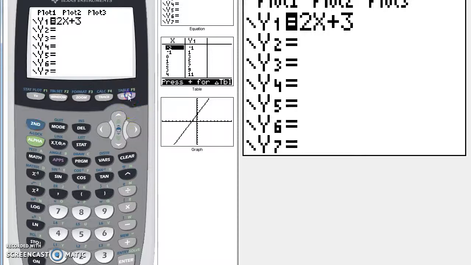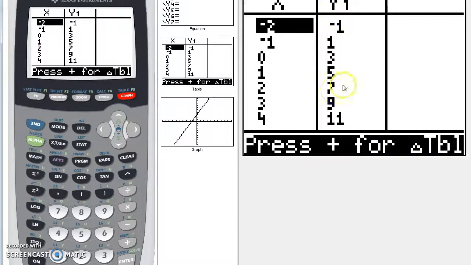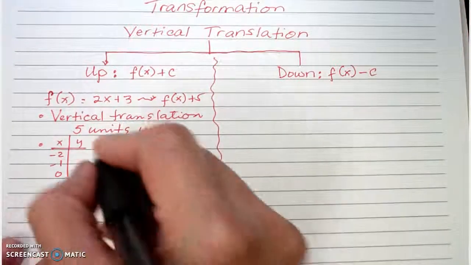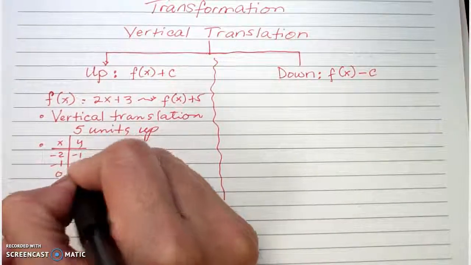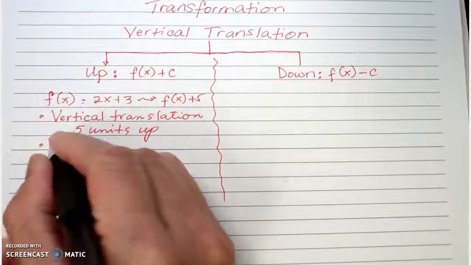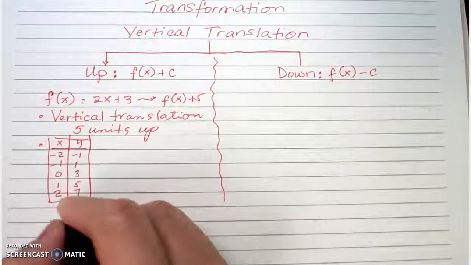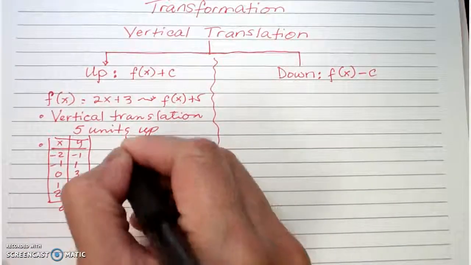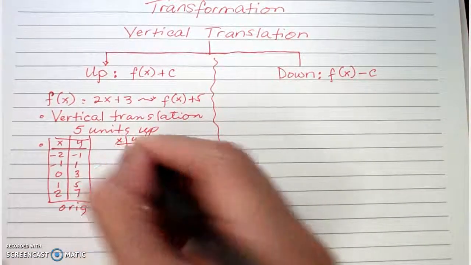You're going to go to table, and it would show you all the range with the domain of -2 to 2, and that is range of -1, 1, 3, 5, and 7, which is what we're going to use. So -1, 1, 3, 5, and 7. This table represents your original function, and we're going to make a table that represents your transform function.